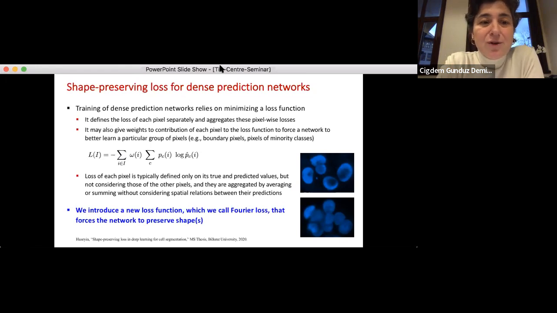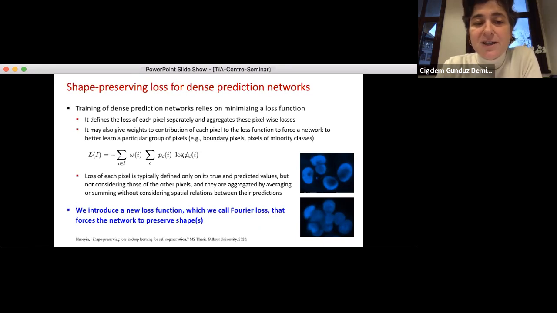As you all know, training of a segmentation network, a dense prediction network, for example, a UNet architecture, relies on minimizing a loss function. This loss function is typically defined by defining the loss of each pixel separately and aggregating these pixel-wise losses, and you can also give weights to the contribution of each pixel.